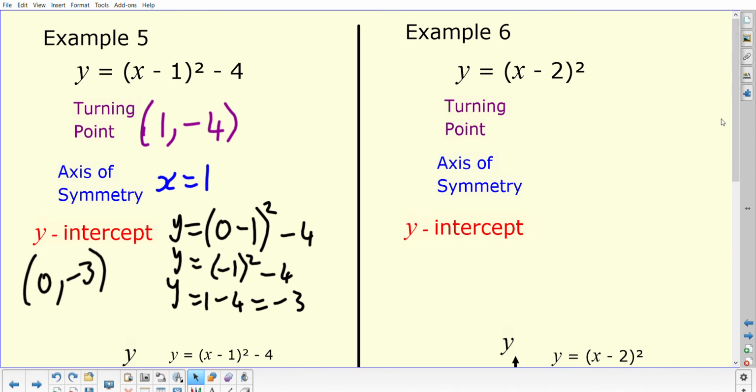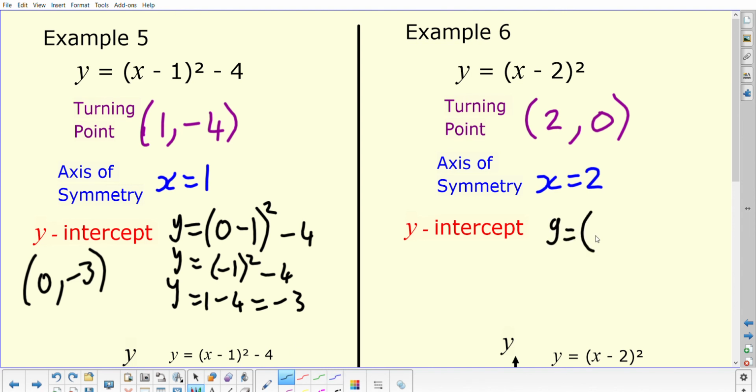Right, last example. Looking for this turning point, there's the x coordinate in the brackets, opposite sign is 2. There's nothing at the end, and nothing at the end means the y coordinate will be 0, and your x coordinate will equal 2. Your y-intercept, when you sub in x equals 0, you just get y equals -2 squared, which is +4.